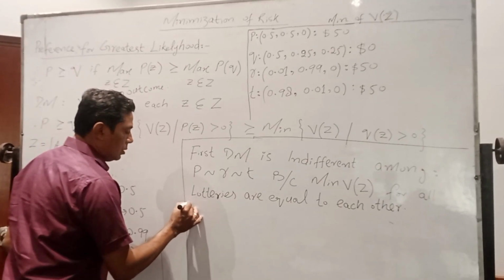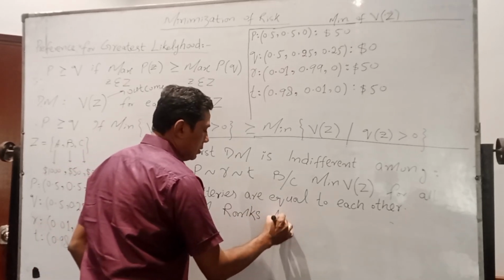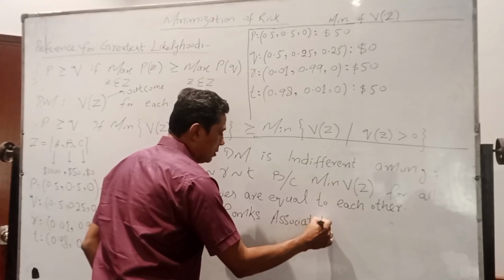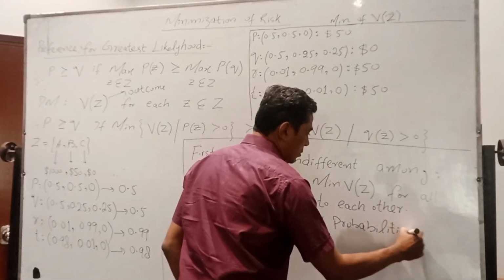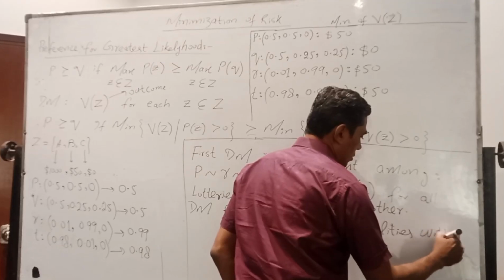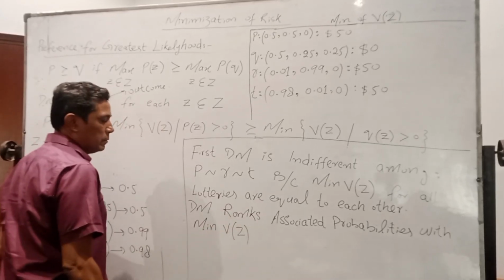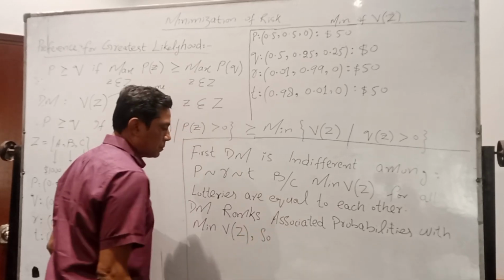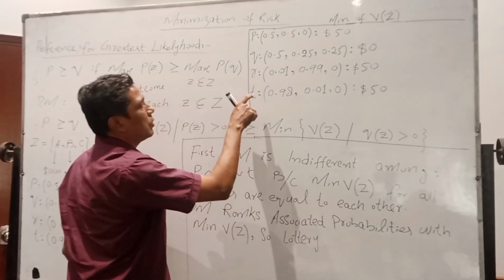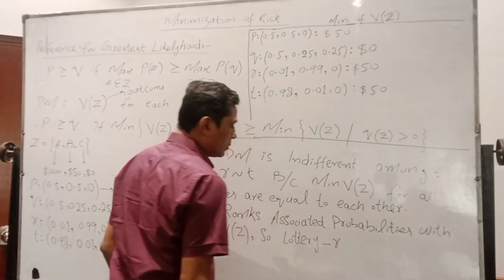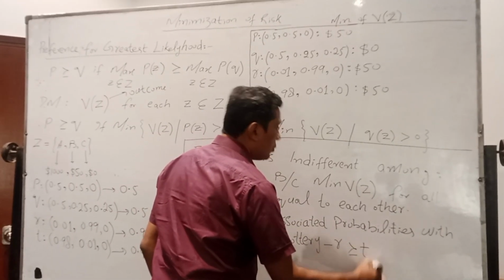So the decision maker ranks the associated probabilities with the min of V. Lottery R is preferred over lottery T, am I right?